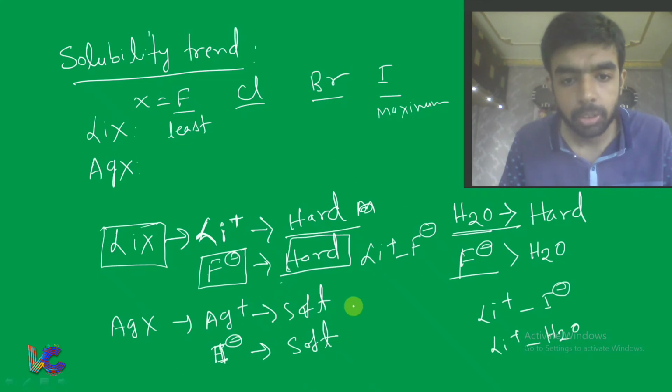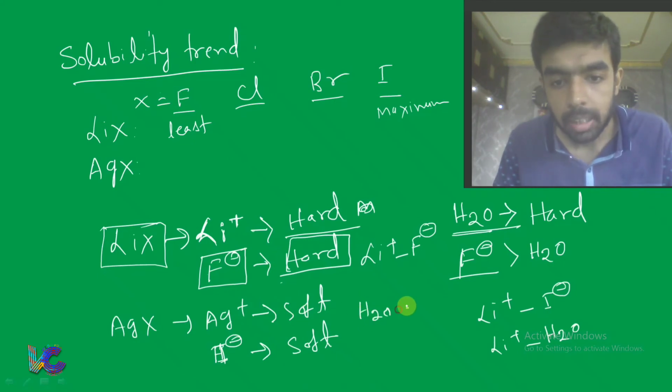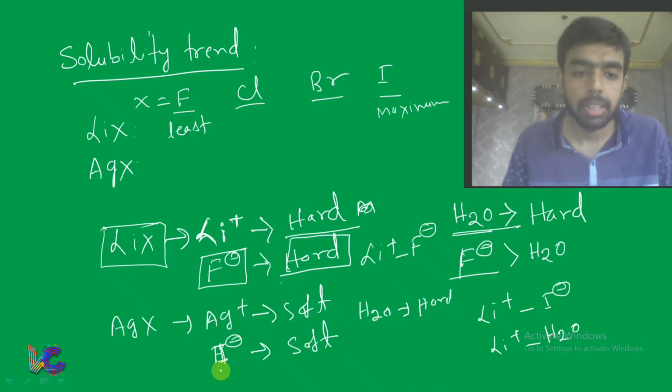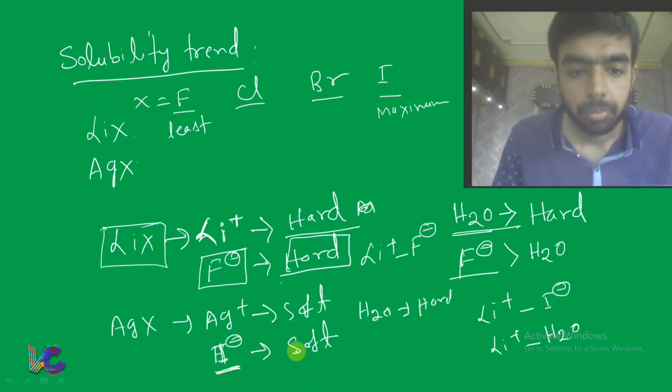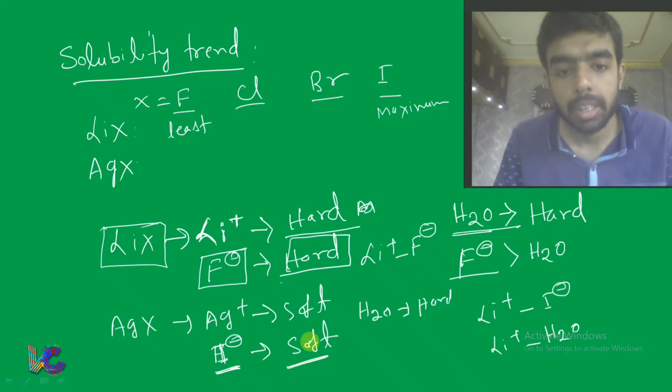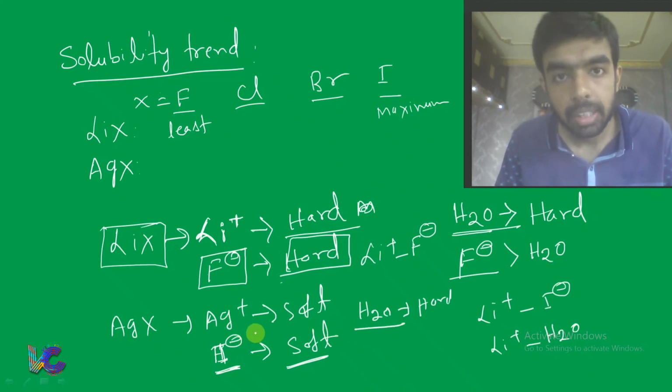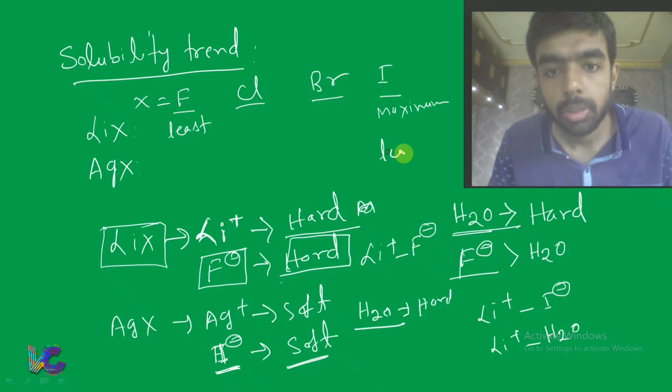As Ag+ is soft and H2O is hard, Ag+ has the option of I-, which is very soft in character, so Ag+ will prefer to combine with I- rather than H2O. That means when you are talking about AgI, Ag+ is not combining with H2O, so AgI has least solubility.